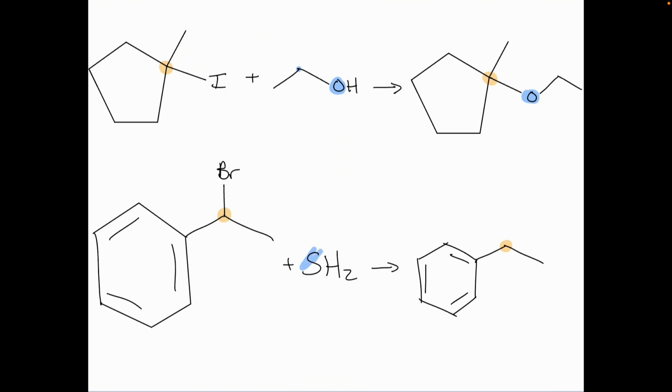The sulfur. And again, that sulfur is going to lose a hydrogen, so it's going to be just SH in my product, right? Not SH2, because it's got to lose one of those hydrogens. Will it only ever lose 1 hydrogen? Only ever lose 1 hydrogen, yep. And it's always going to be a hydrogen that it loses.